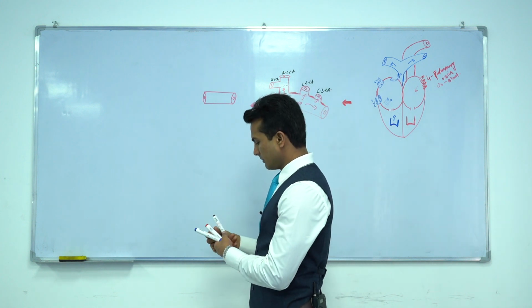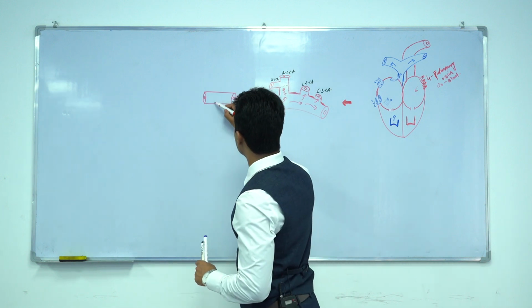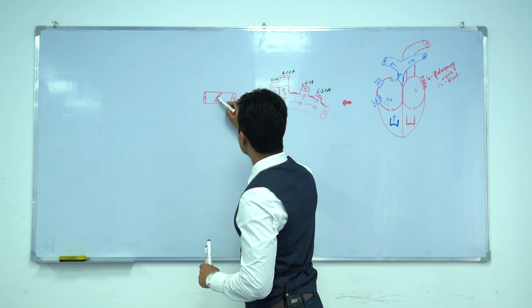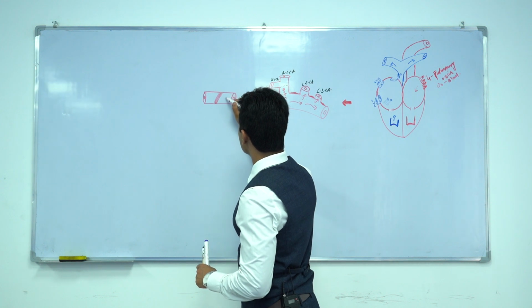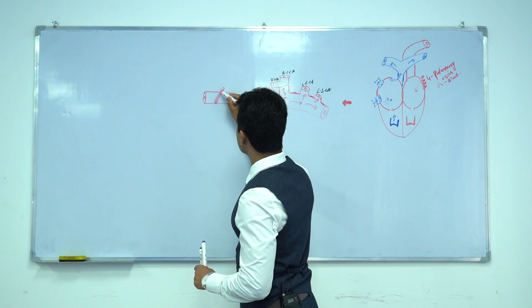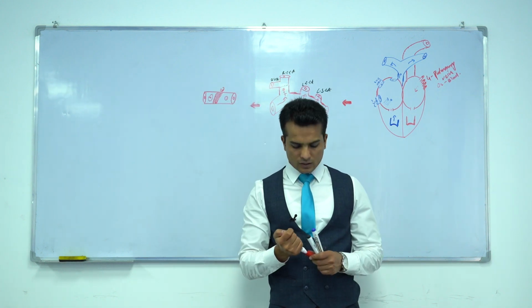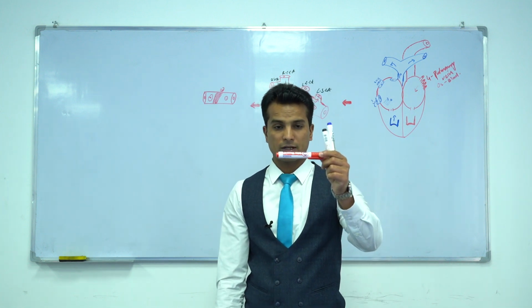The subclavian artery is divided into three parts with the help of the scalenus anterior muscle. So this is the first part, this is the second part, and this is the third part. Let's suppose this is the subclavian artery.